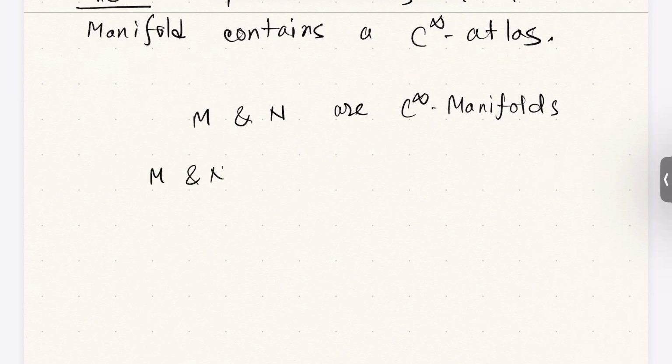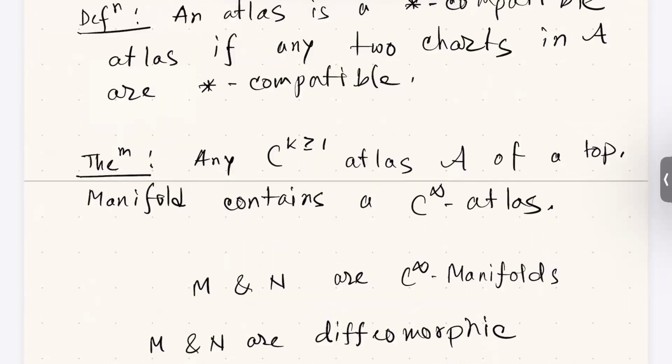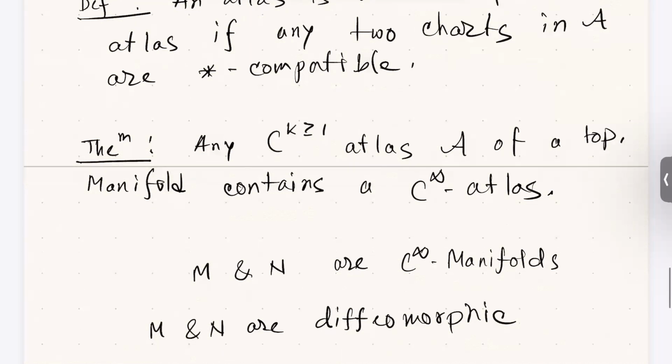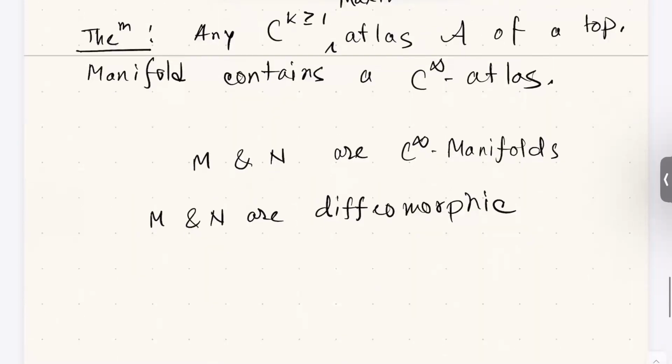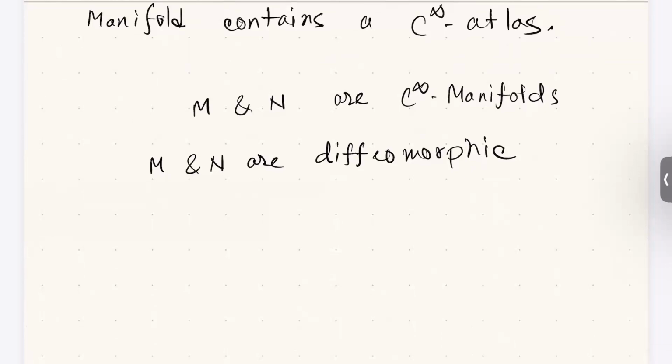M and N are diffeomorphic if there exists a map.